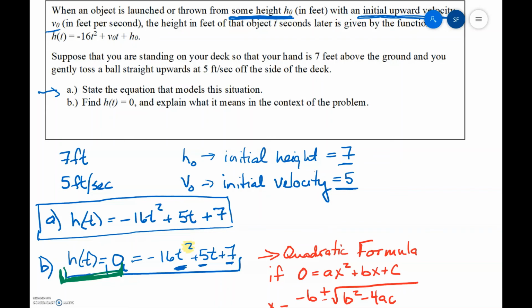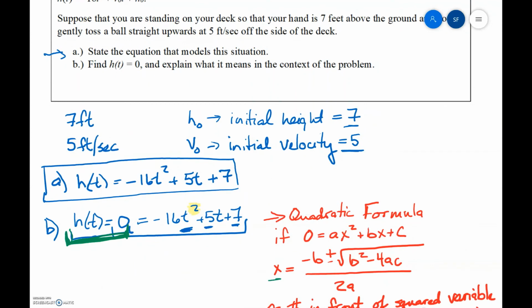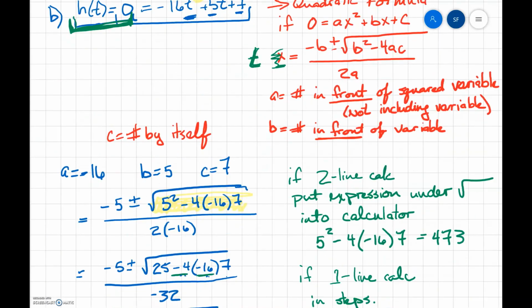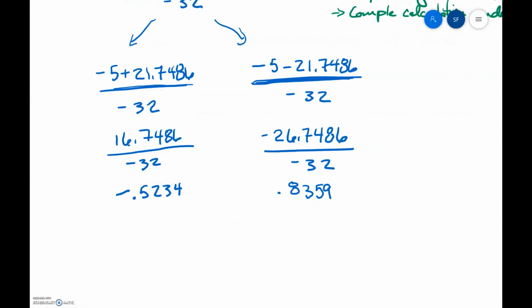We set the height equal to 0. And we found, even though this says x over here, we weren't using x. What were we using? We were using t. So we have t equals these 2 things. Well, what does t represent? T represents time, the time it takes.